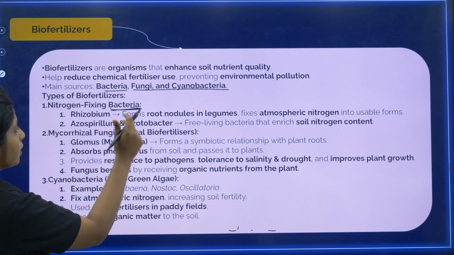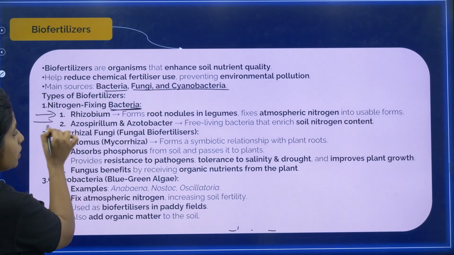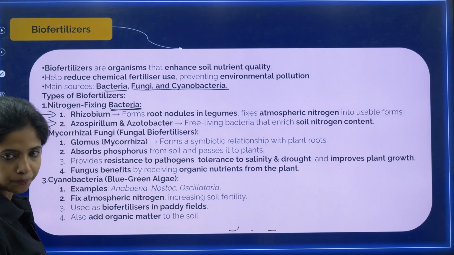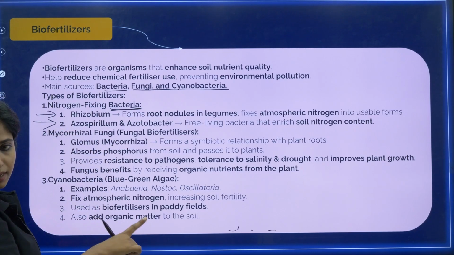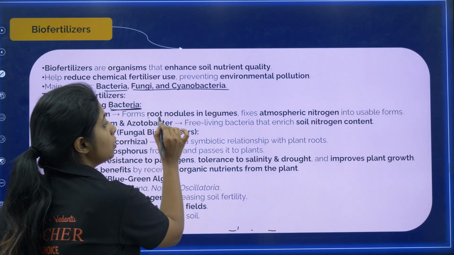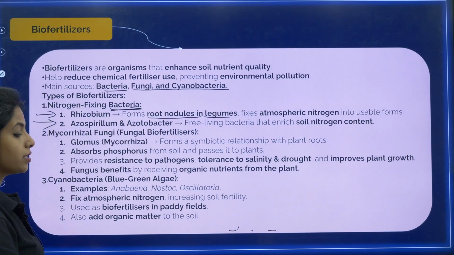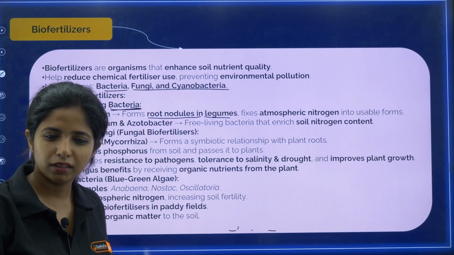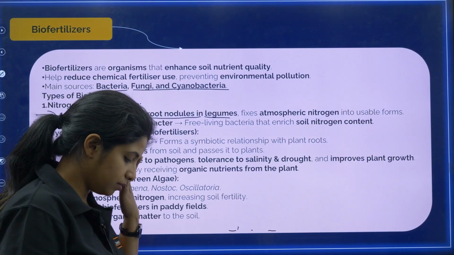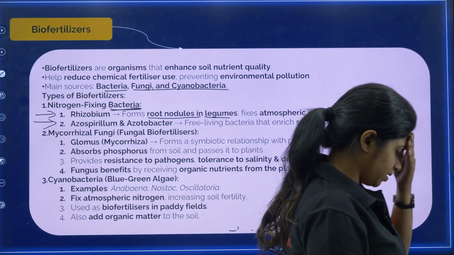For nitrogen fixing bacteria, you have Rhizobium, and also Azospirillum and Azotobacter. Rhizobium, where do you find them? In the root nodules of legumes. So in leguminous plants, such as, what do you call the plant? Oof, I forgot.